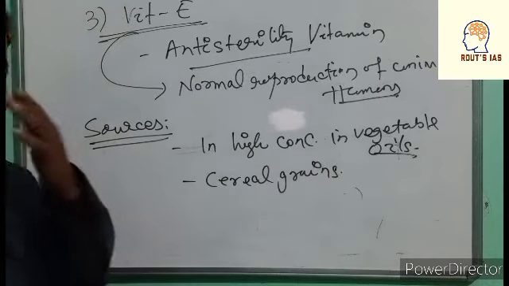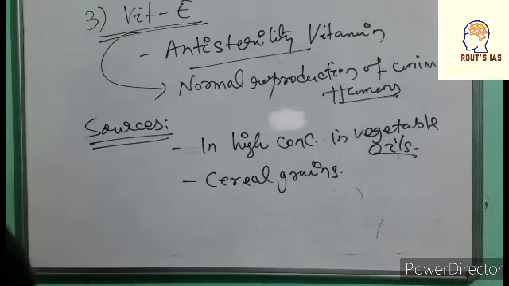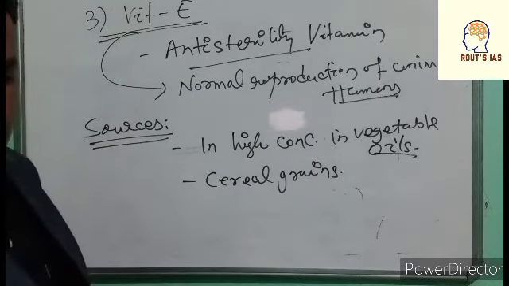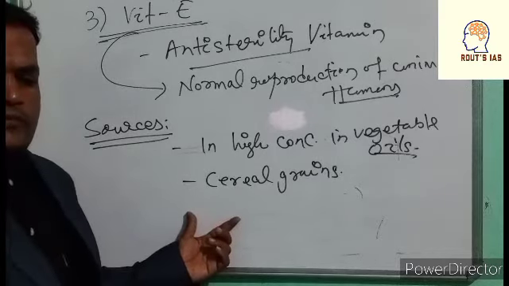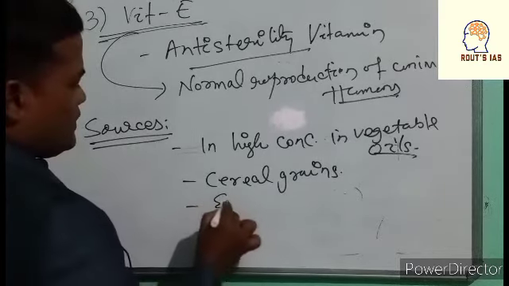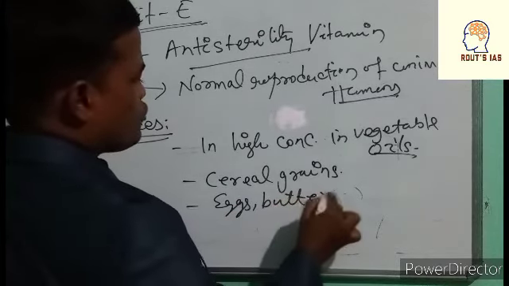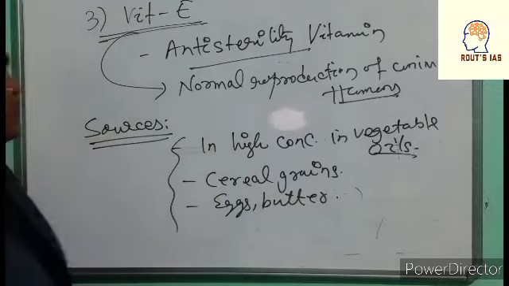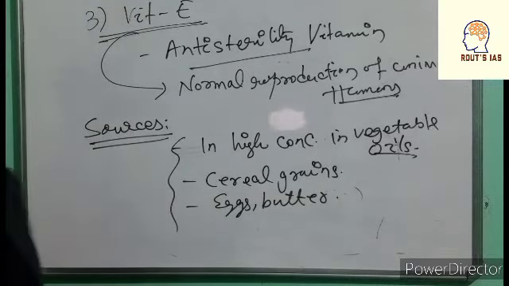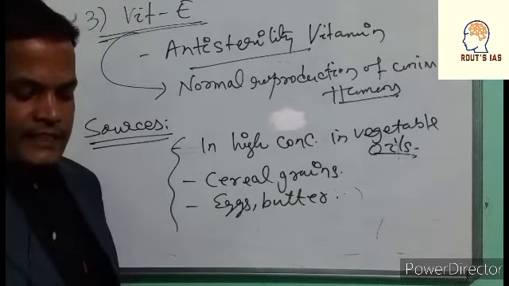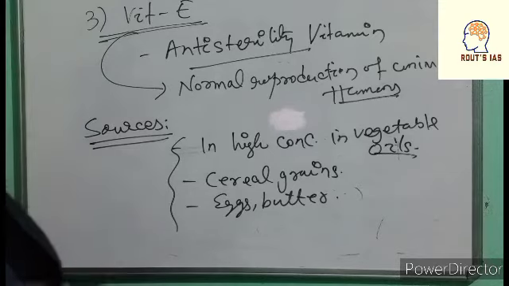Wheat, gram, almonds, eggs, butter also contain some amount of fat and are good sources of vitamin E.